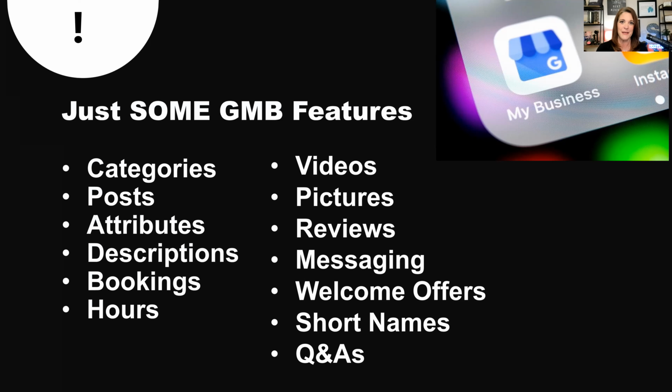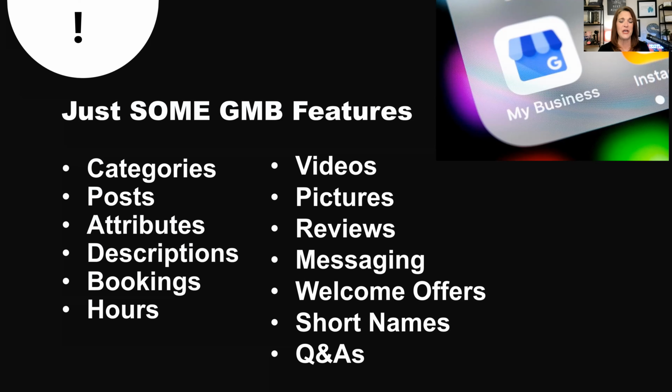But just look at some of these great new features like categories, posts. People are able to add attributes about their business. There are new COVID health and safety attributes that businesses are able to use, like whether or not their business allows or requires people to wear face masks when they come to their business. You can write business descriptions.